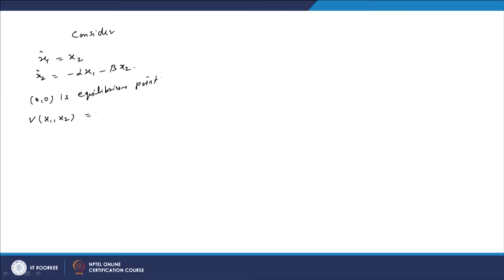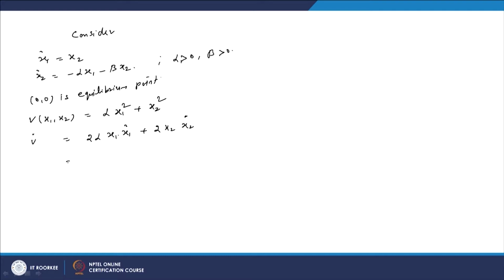If we consider a Lyapunov function of this form, where alpha is greater than 0, beta is greater than 0, say alpha x1 square plus x2 square, where alpha is the given value in the system, then it is a positive definite function, and v dot is del v by del x1 times x1 dot plus del v by del x2 times x2 dot, that is 2 alpha x1 into x1 dot plus 2 x2 into x2 dot.